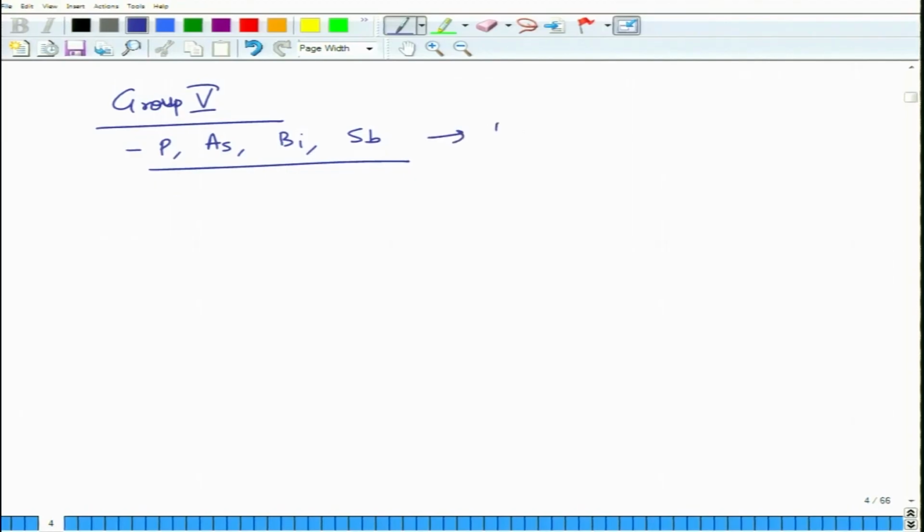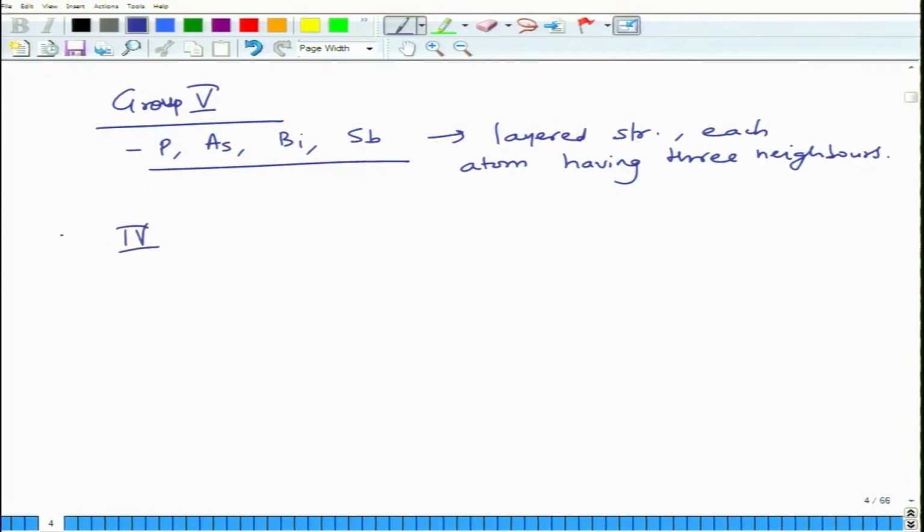So it is a layered structure, each atom having three neighbors. And then the most famous is group 4.